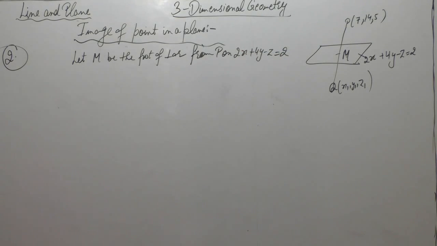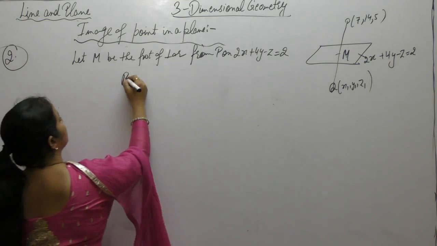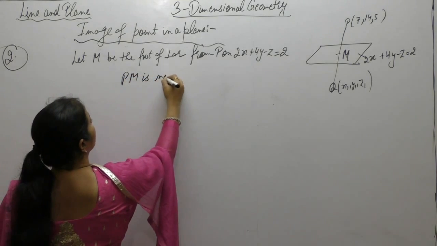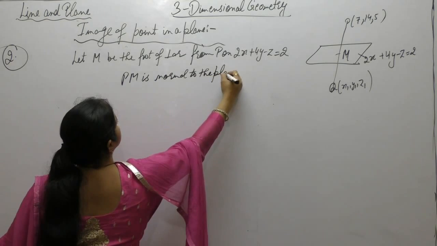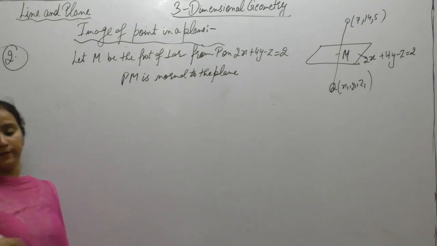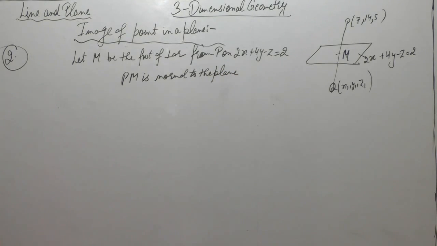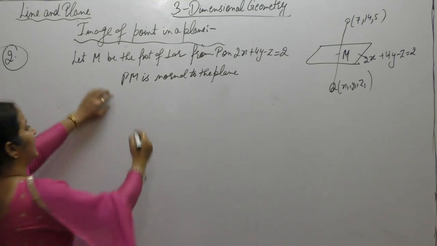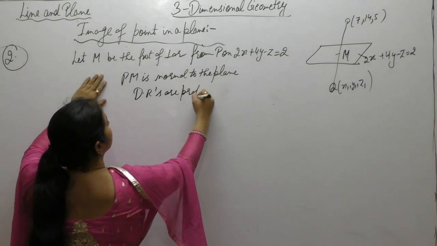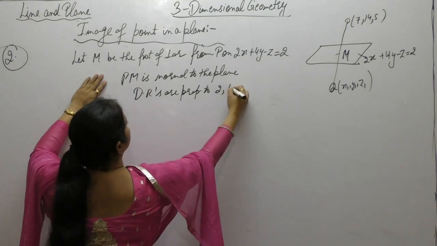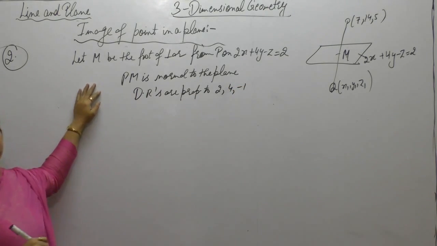Then PM is normal to the plane, perpendicular to the plane, and its direction ratios are proportional to 2, 4, -1.